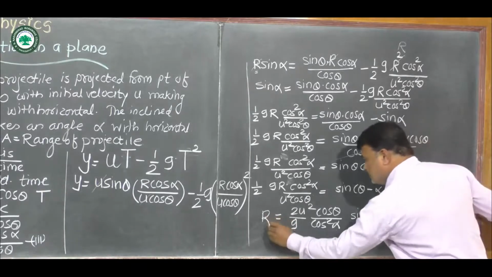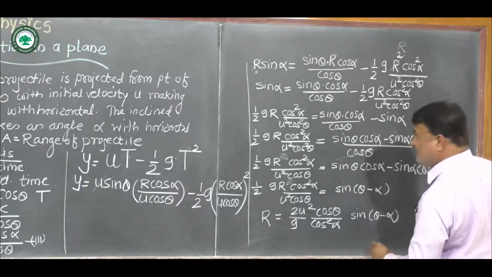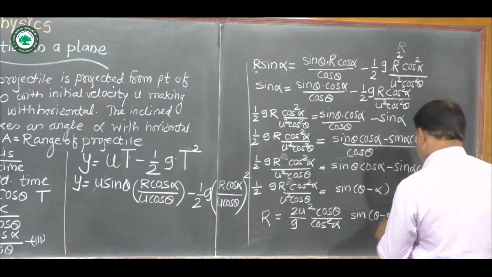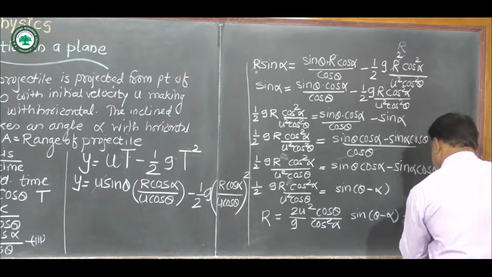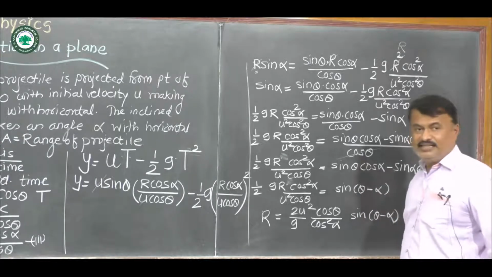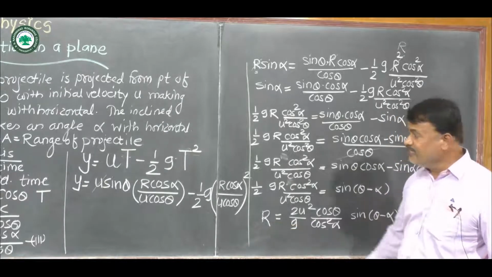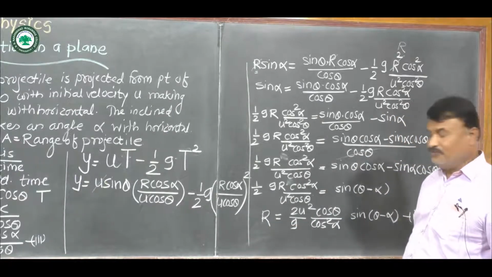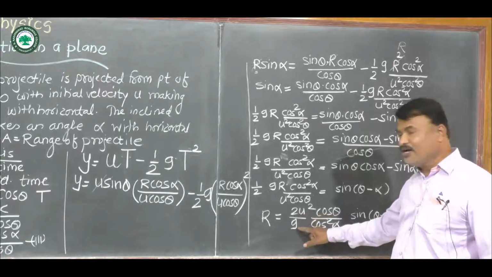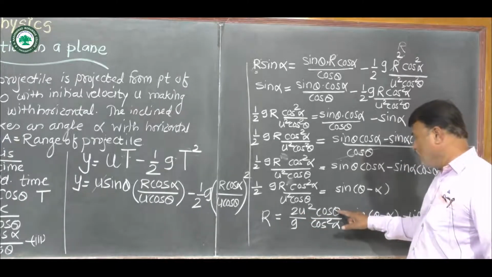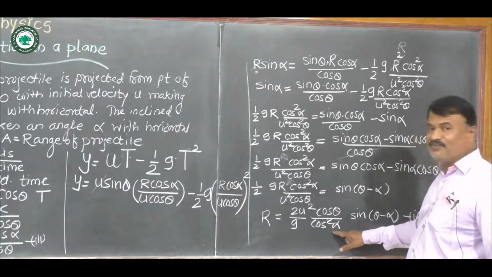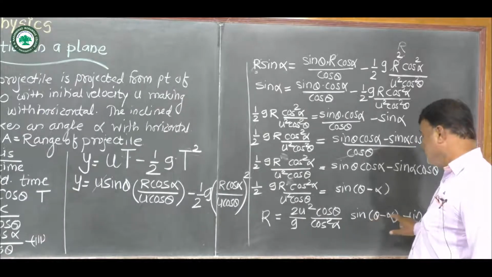So this is the range of projectile, say equation 4. So in this way we obtain the range of projectile along the inclined surface, where R is equal to twice u square upon g into cos theta upon cos square alpha into sin(theta minus alpha).